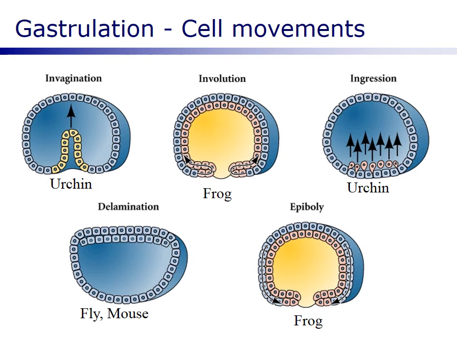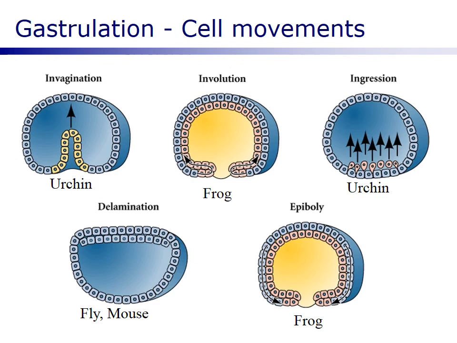Now we can discuss some of the morphogenetic movements that have been recognized. First of all, invagination. Invagination is a local inward buckling of an epithelium or infolding of sheaths of cells into the blastula. Movement of endodermal cells in sea urchin is an example of invagination.